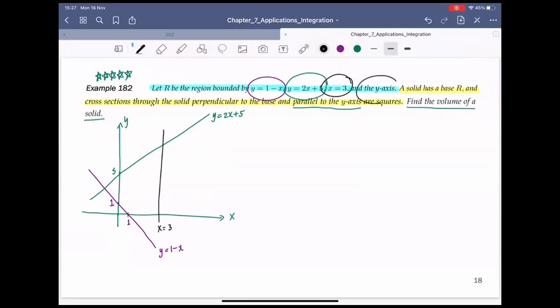All right, and the y-axis. Okay, that means x has to go down to that. So that means I have the region I want now. So the region I want is the one bounded by the curve y equal to 1 minus x, the curve y equal to 2x plus 5, the line x equal to 3, and the y-axis. So it's going to be this one.